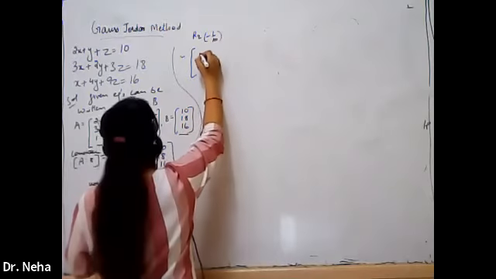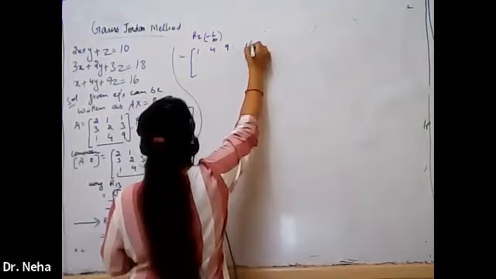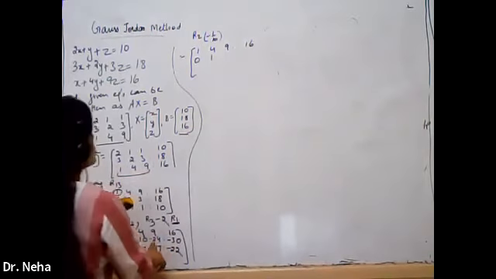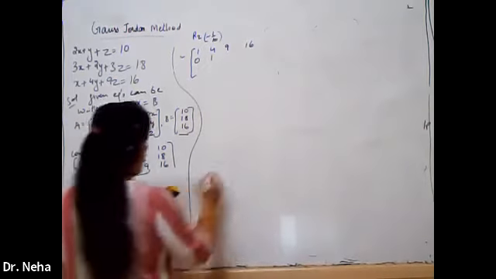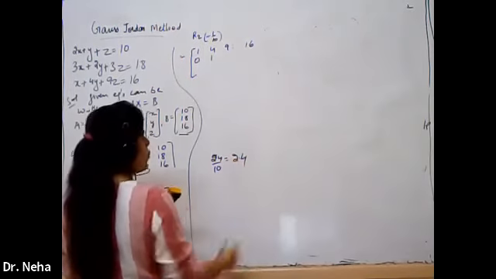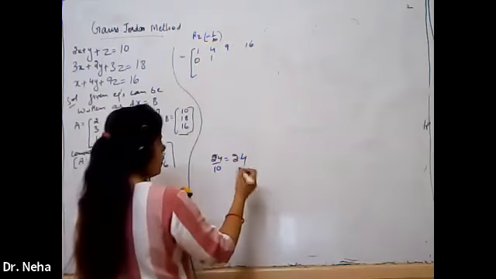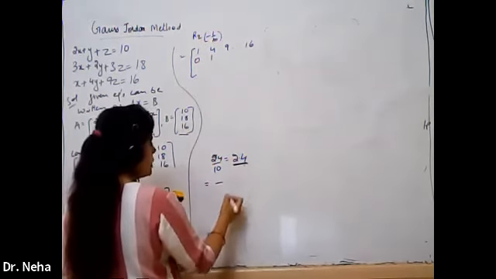First row will remain the same: 1, 4, 9 and 16. Second row: 0, 1, minus 24 upon minus 10. Minus minus will become plus, that means 24 by 10. Either you can write it in the form 2.4. It sometimes becomes very difficult to solve decimal fractions, so let's not convert it into a decimal fraction.